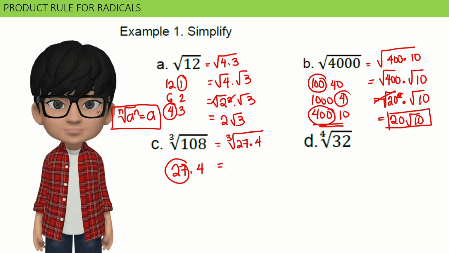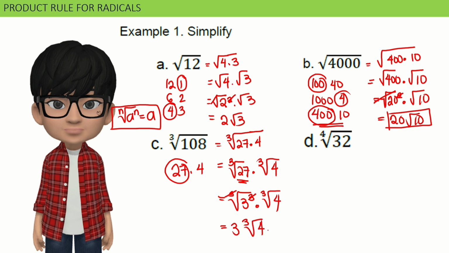Applying the product rule for radicals, we have the cube root of 27 multiplied by the cube root of 4. If we write 27 in terms of exponent, that's the cube root of 3 raised to 3 multiplied by the cube root of 4. So we can cancel this out, and the answer is simply 3 cube root of 4.